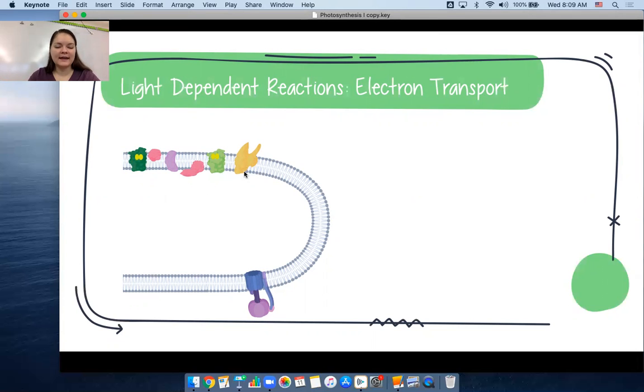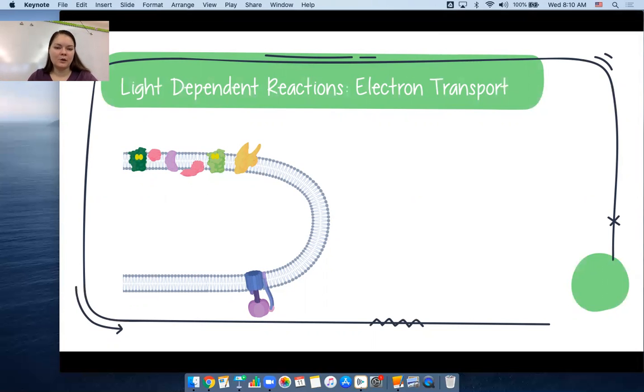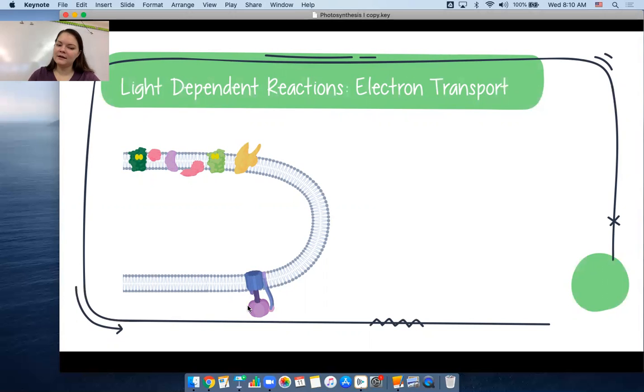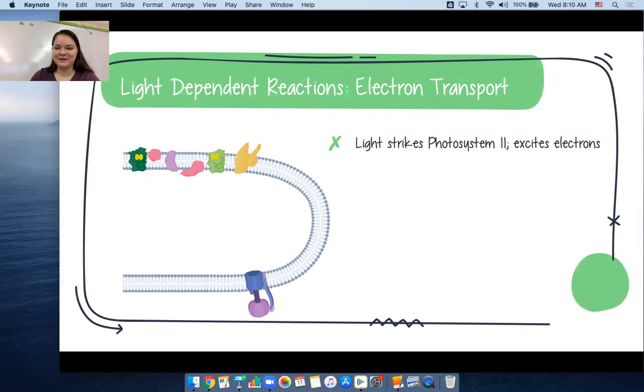We've also got this guy here, an enzyme called NADP+ reductase or NADPH reductase, depending on what literature you're looking at. As you can imagine, that's going to be responsible for the reduction of an electron carrier to form NADPH. And of course, we've already met this guy here, ATP synthase. All right, so we're going to start with light striking photosystem 2, the first one in the chain of events that we're going to be looking at.